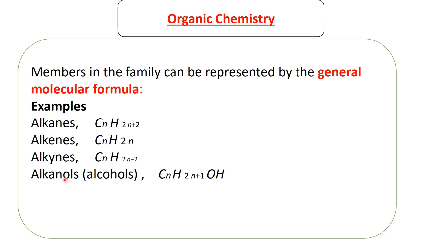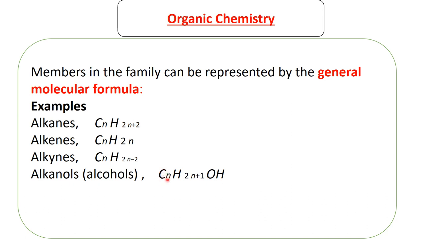The next are called alkanols or alcohols. Their formula is CnH2n+1OH. This OH is always there, but here it's CnH2n+1. The number of carbon atoms is connected to the number of hydrogen atoms, but there will be 1 hydrogen atom that will forever be connected to oxygen, and it is not changed by the number of carbon atoms.